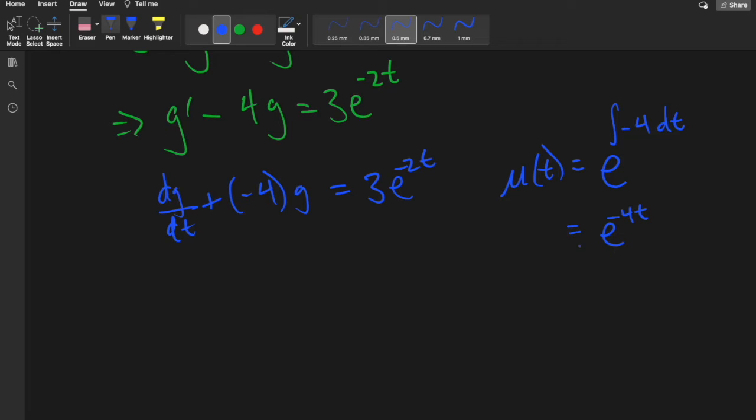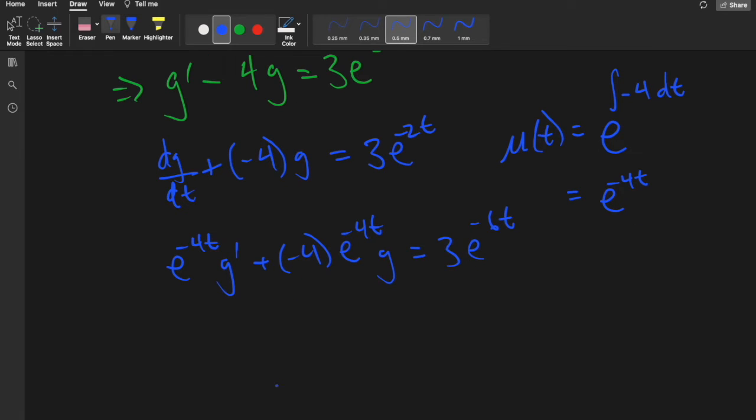And then we multiply both sides of this equation to get e to the negative 4t g prime plus negative 4 times e to the negative 4t g is equal to 3e to the negative 6t.